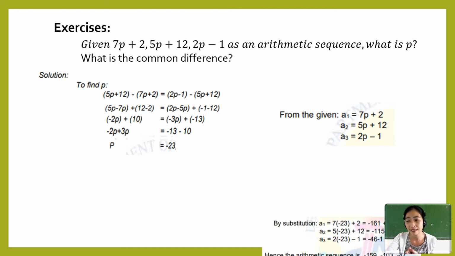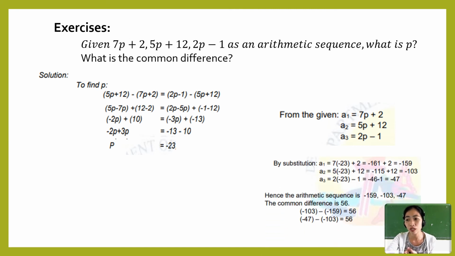This time we will get their values. We will replace p with the value negative 23. By substitution, a sub 1 will be 7 times negative 23 plus 2, which is negative 161 plus 2, equals negative 159.